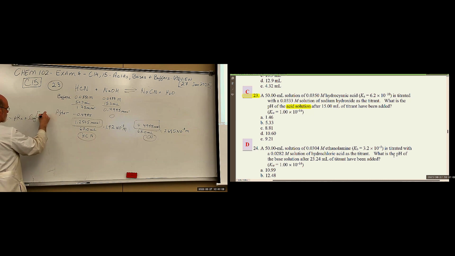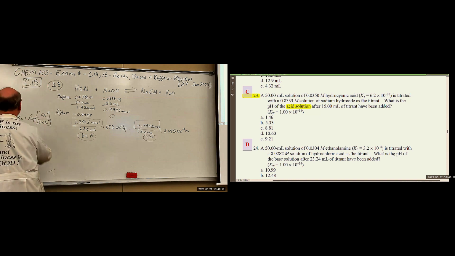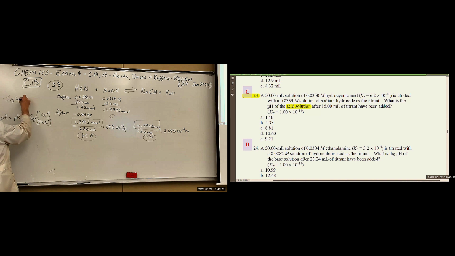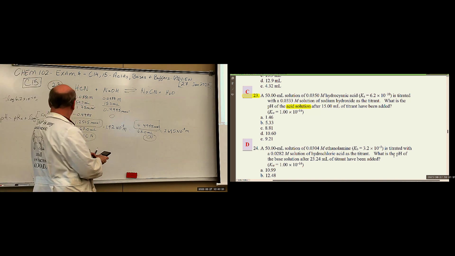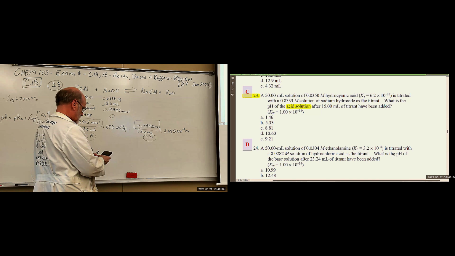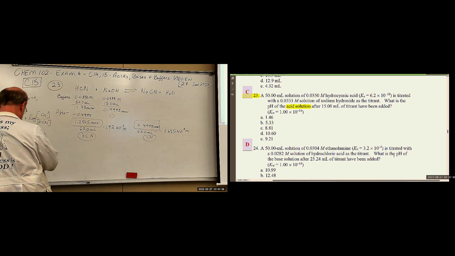We just need this concentration, that concentration. So what's the pKa? The pKa is minus log of 6.2 times 10 to the minus 10. See where I'm going with this? Take the log of that, change the sign. 9.208.